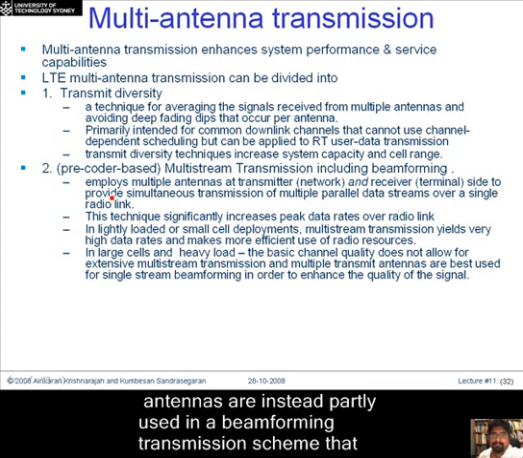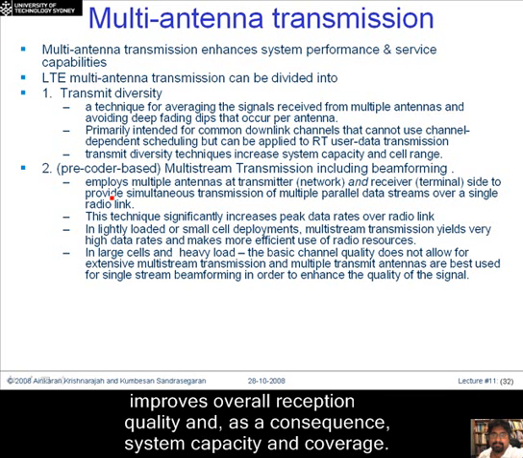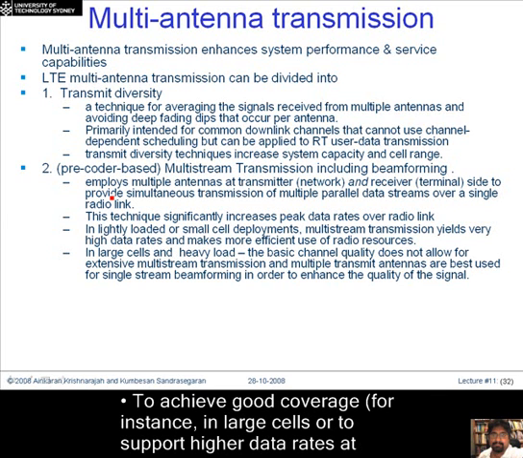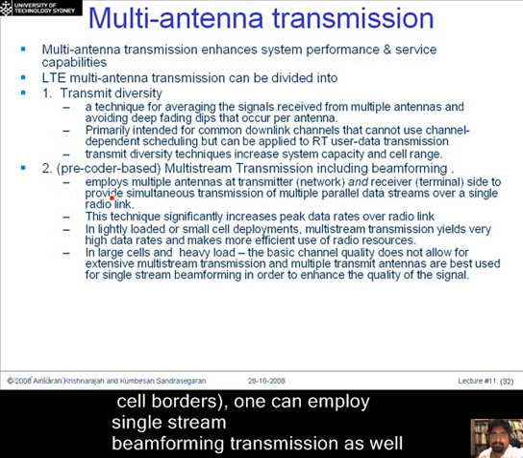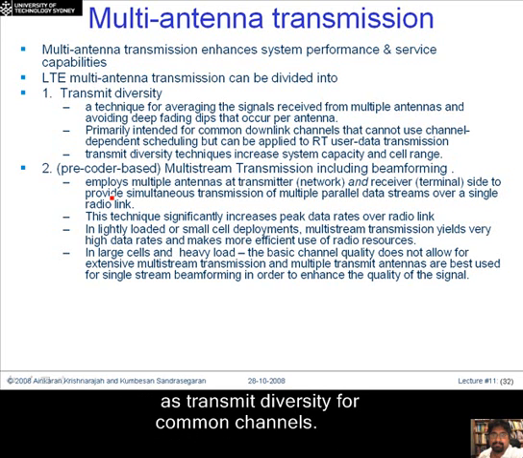Okay, the other important thing that is also noted here is in lightly loaded cells or small cell deployment, multi-stream transmission yields very high data rates and makes more efficient use of radio resources, whereas in large cells which have a heavy load, it does not make much of a difference.